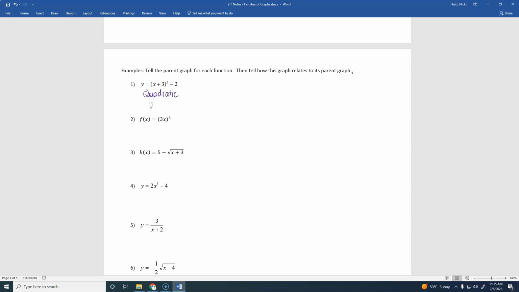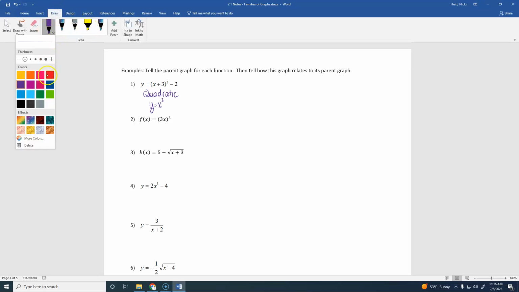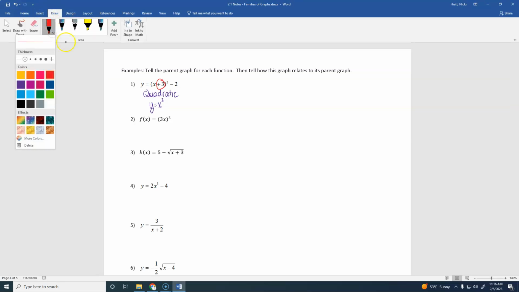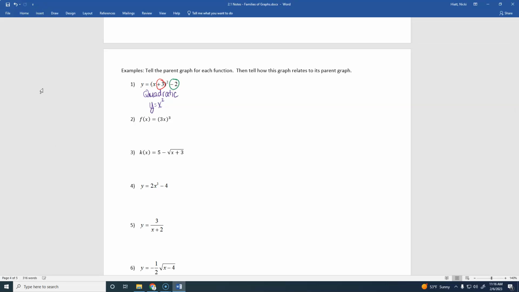And quadratic would just be y equals x squared. So we're looking at all the things that are not just x squared, and we're trying to tell what has happened to the graph. So we've got this plus 3 right here, and we've got this minus 2 there. When you're adding or subtracting anything, that's just moving the graph either up or down or left or right. It's sliding the graph.